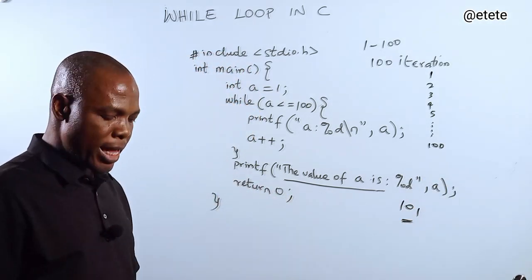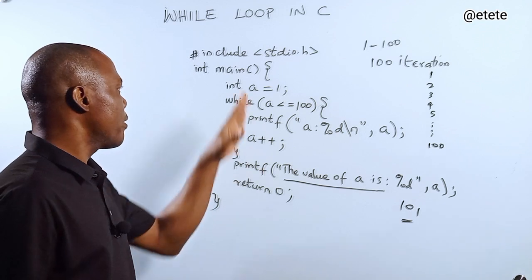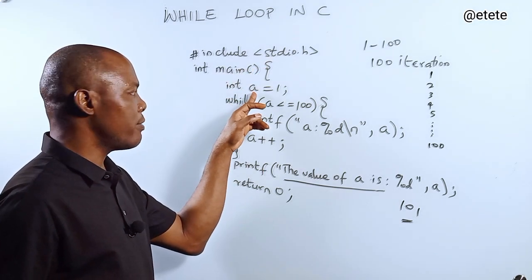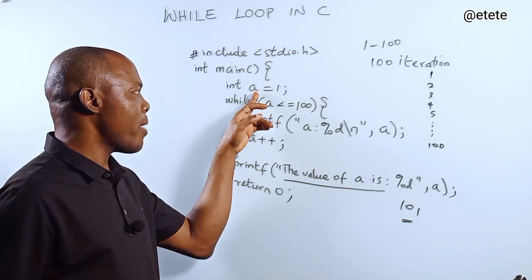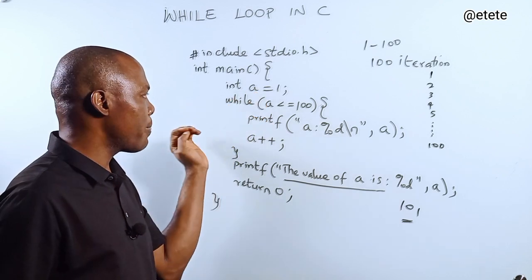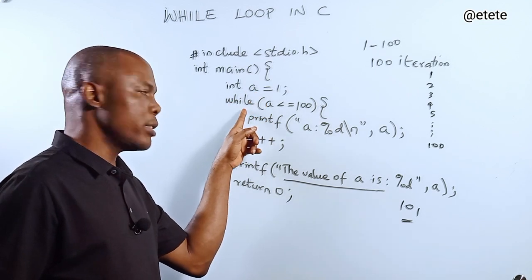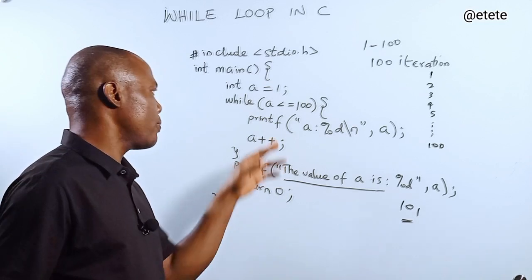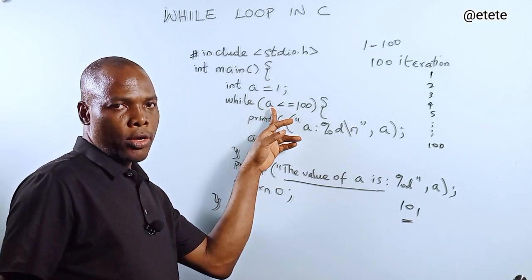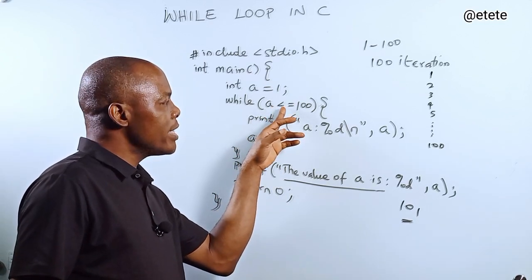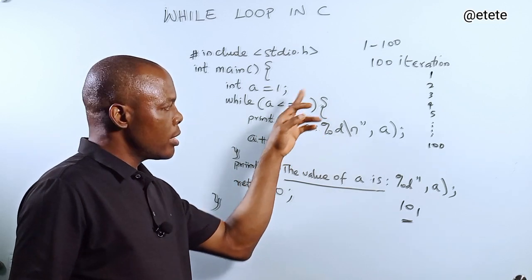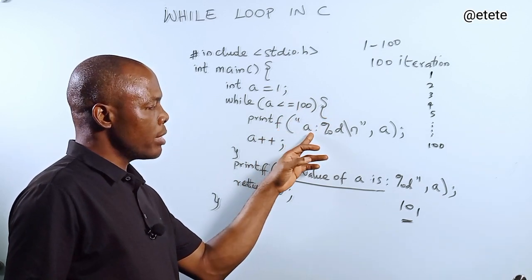So how is that going to work? First, it will create a variable, and it will assign 1 to that variable in the integer realm. Then it will come to this while. So this is the governing body for that loop cycle. It's going to test a condition. If a is less than or equal to 100, go in and print out a.